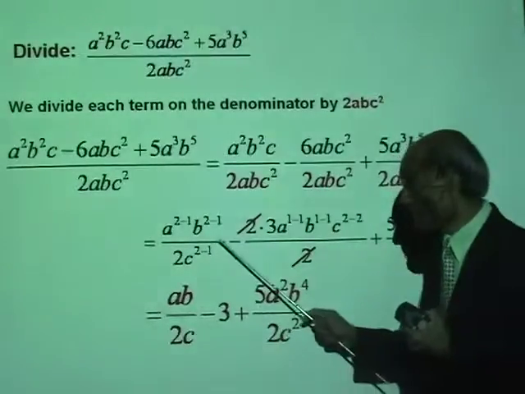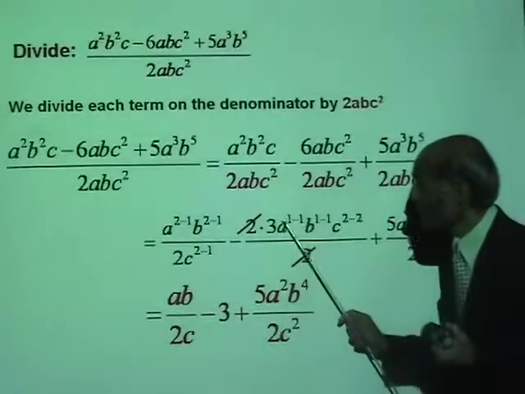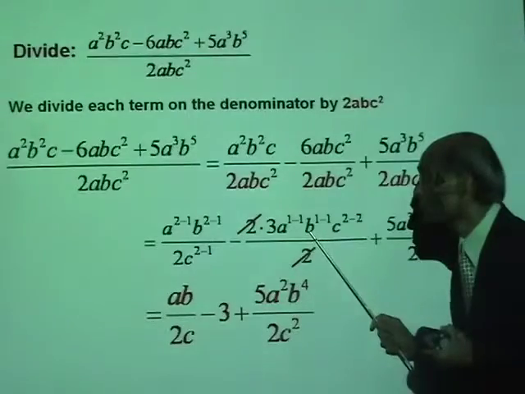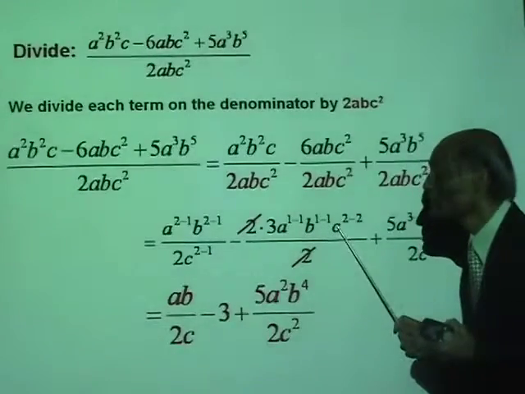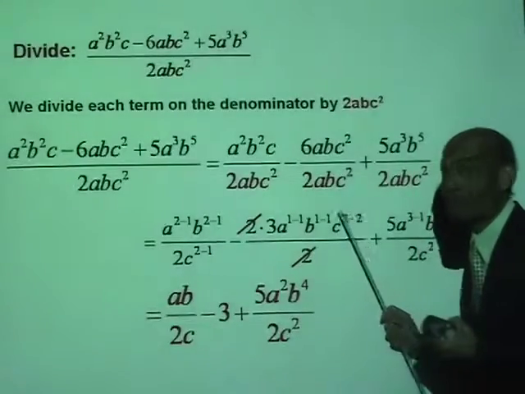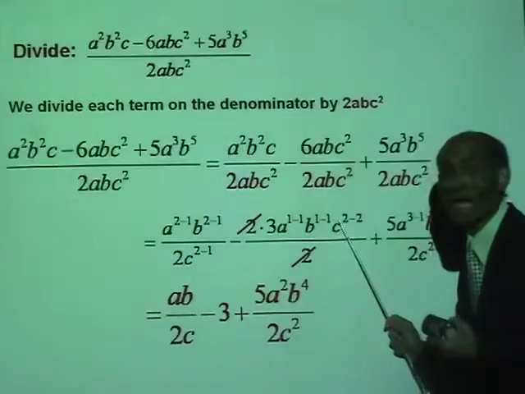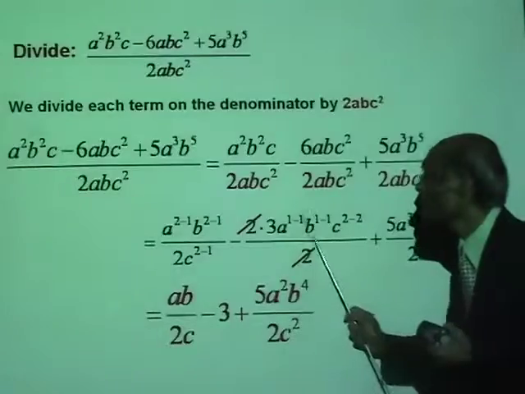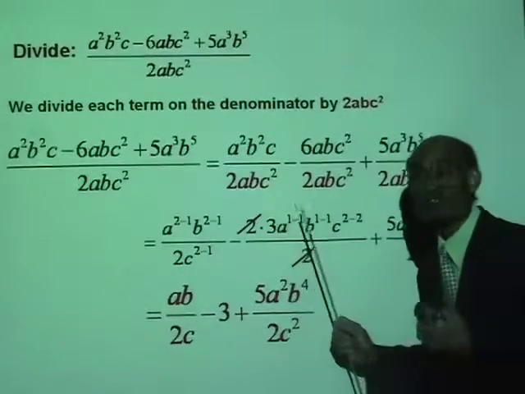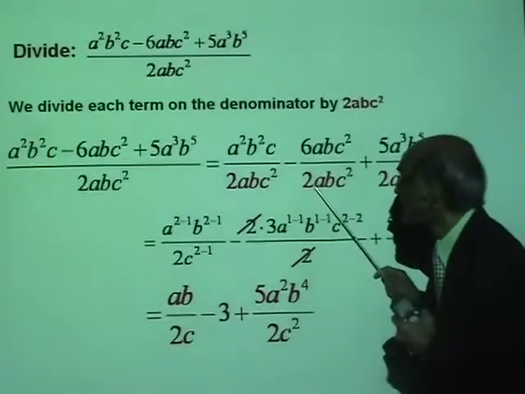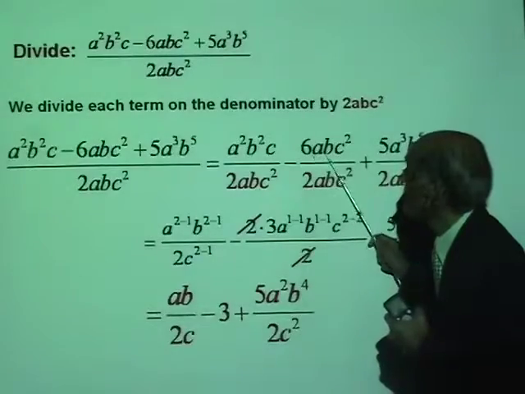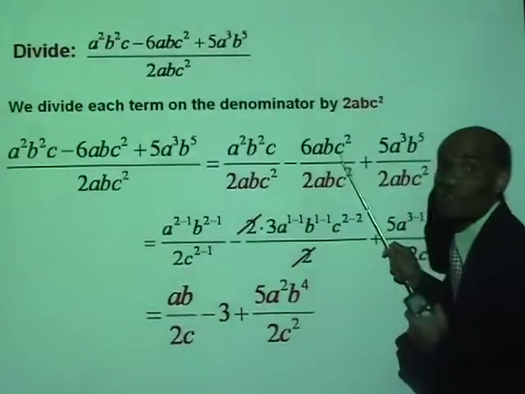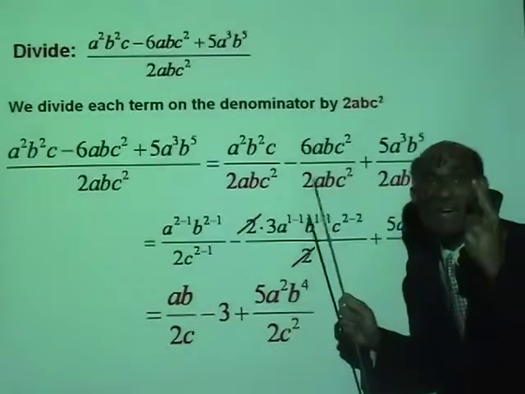Minus, well, as I told you, a to the power of 0, b to the power of 0, c to the power of 0, they are all 1. And that means this will be simply a 1. This is the same as cancelling a with a, b with b, c squared with c squared, leaving a 1.